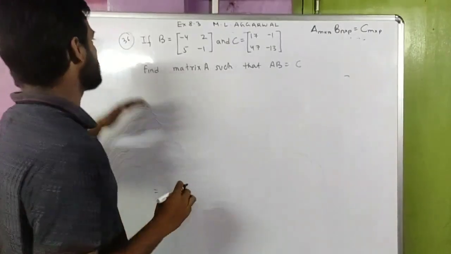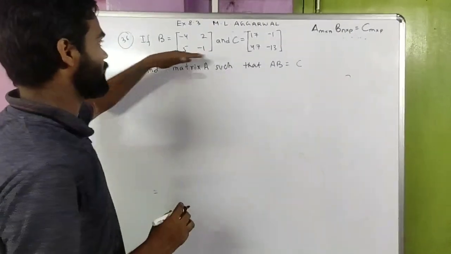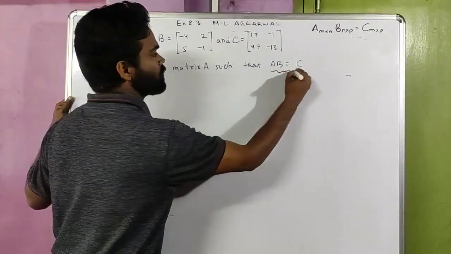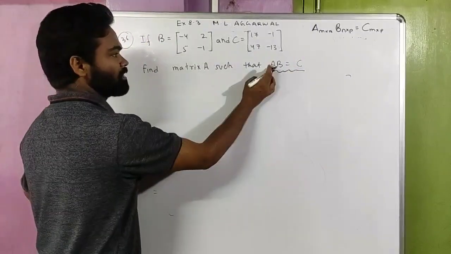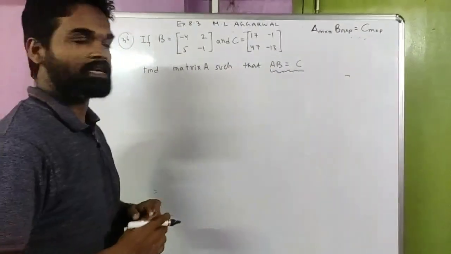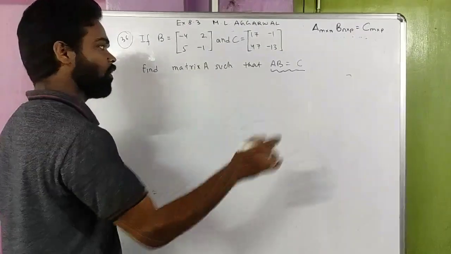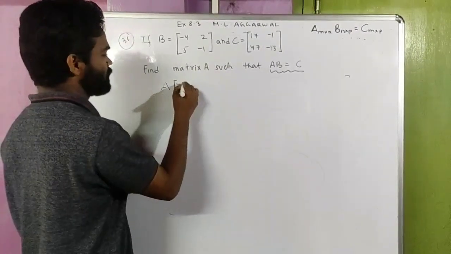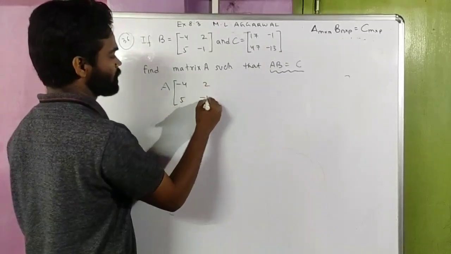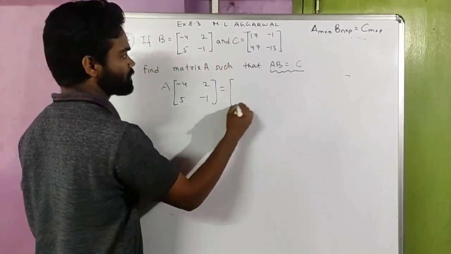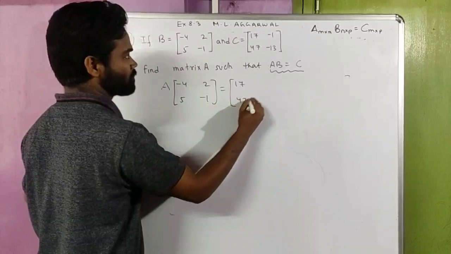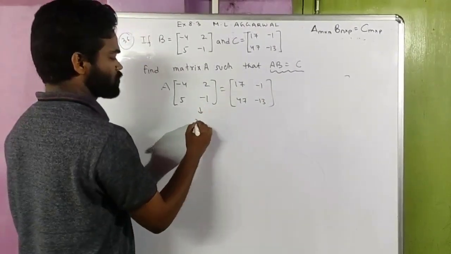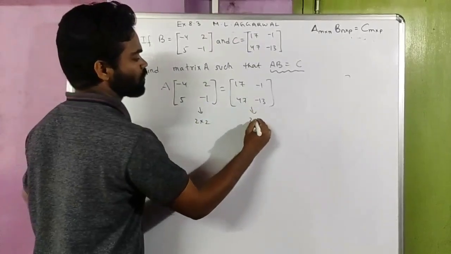Now look at sum number 36. Again, they have given two matrices B and C, and they have given an equation AB equals C where A is a matrix. They have told us to find the matrix A. First we need to find the order of A. Now A, B gives you C. This is 2 cross 2, this is 2 cross 2.